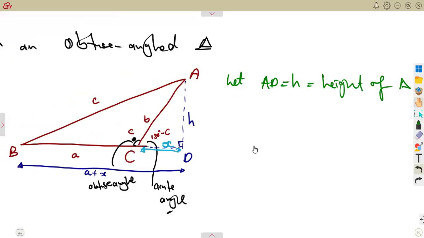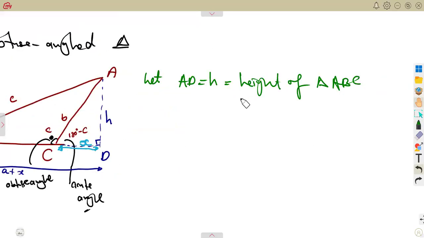Take note, it is taken from the base BC. So that is with BC as the base.